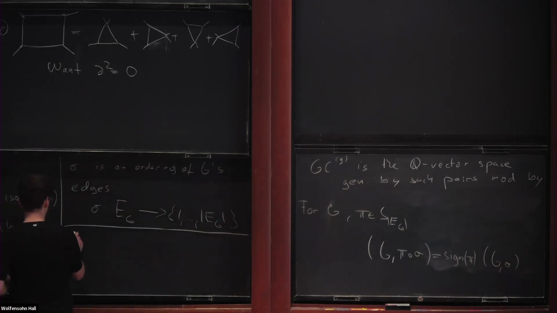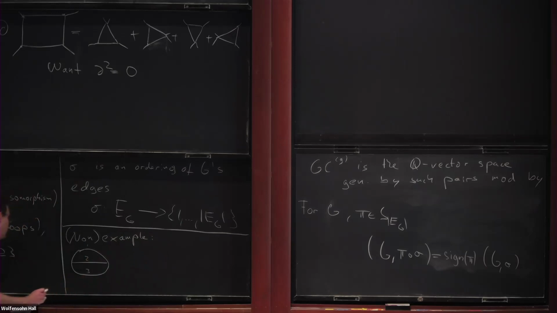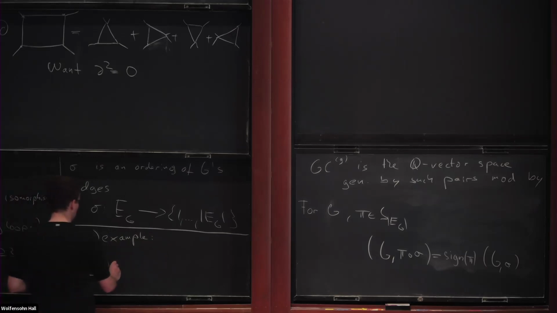So here's a non-example. We can take this graph here, this triple edge graph. We can just apply the relation and flip 1 and 2. So we pick up a minus sign.